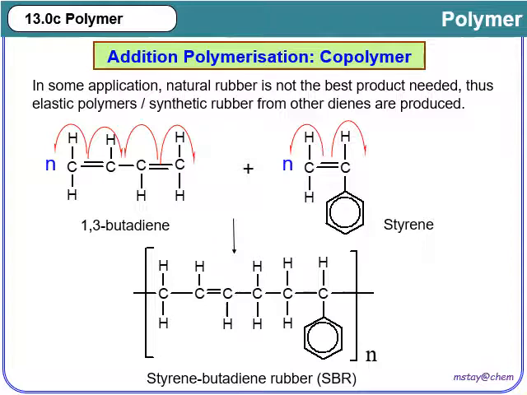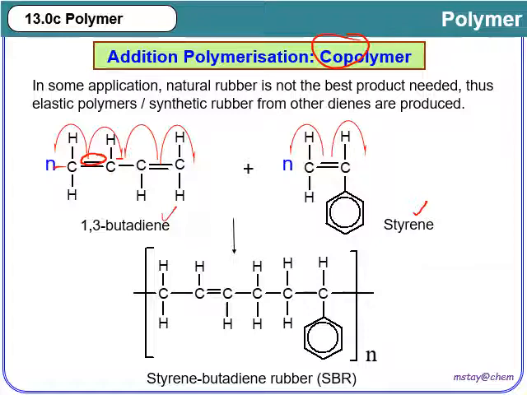Okay, now look at another example of a polyalkene, which is made up from two or more monomers, and we can note it as a copolymer. For example, we have 1,3-butadiene and styrene. The double bond over here will be broken by the peroxide, to form one single bond over here and one bond over here.